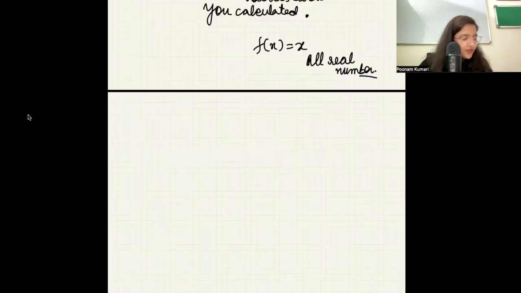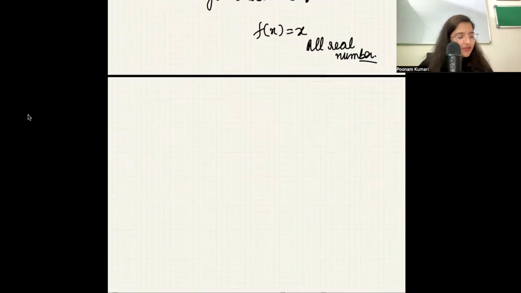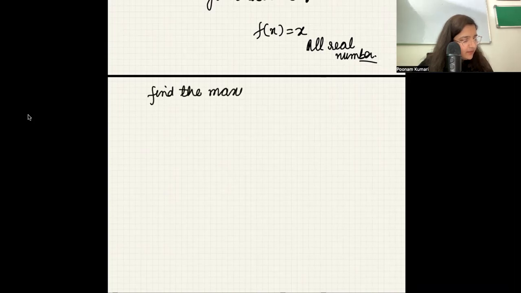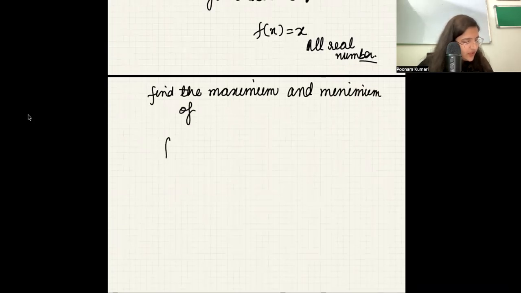So, okay, guys, let's do an example here and try to figure out what is the maximum value and minimum value. So let's say somebody asks you, find the maximum and minimum of the function f(x) equals 4x² minus 40x plus 80.